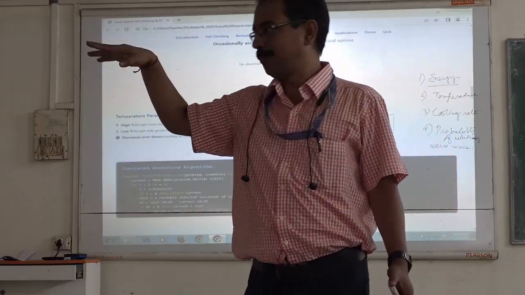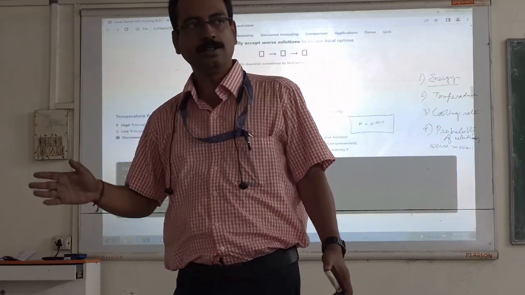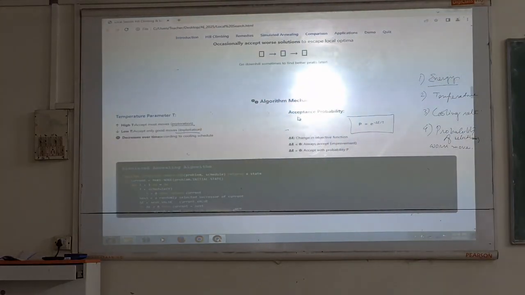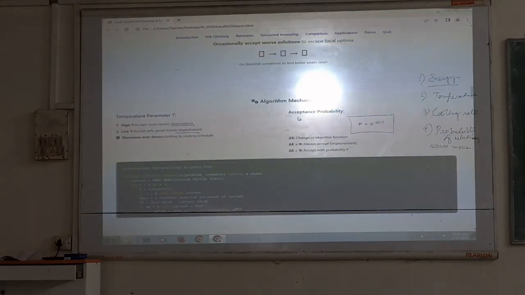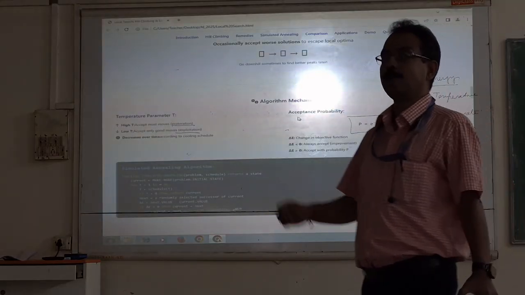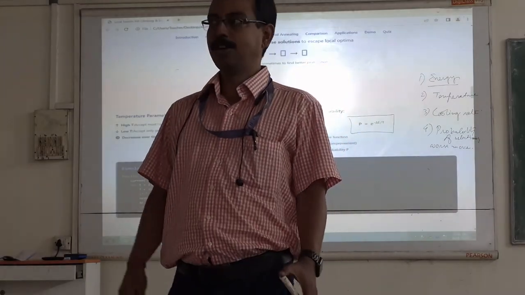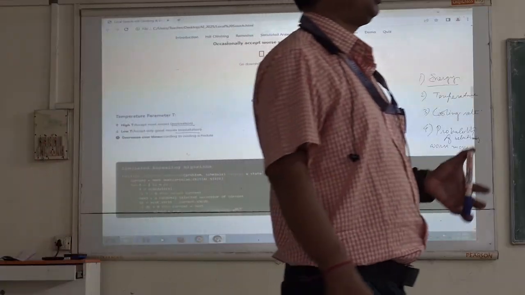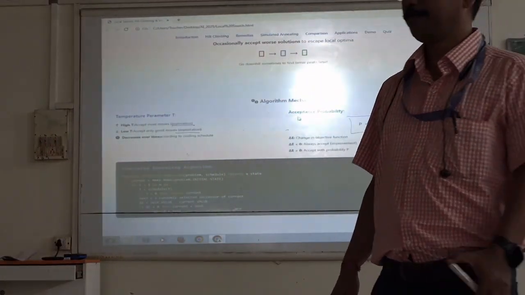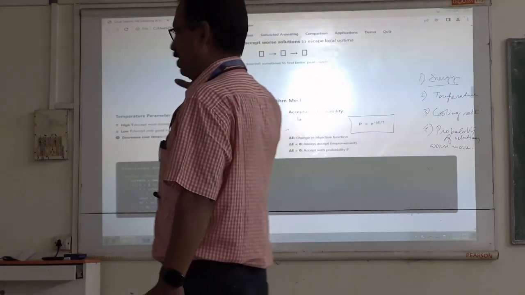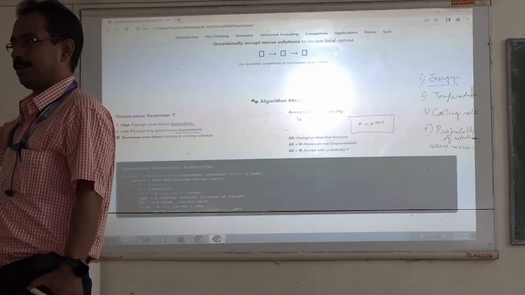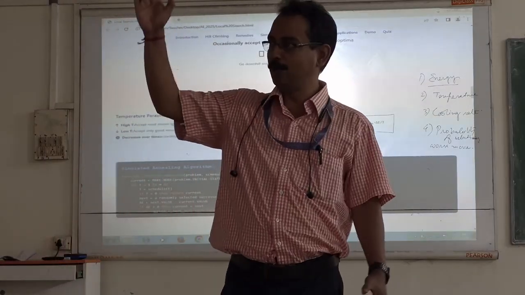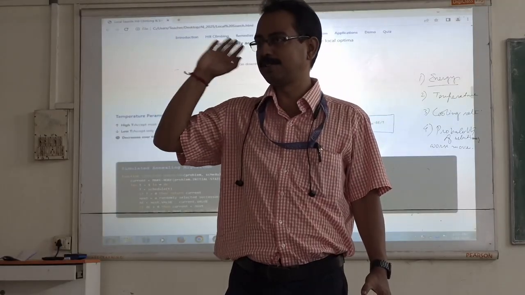So again there is a trade-off. Neither can you cool down too rapidly, nor can you cool down too slowly. So the selection of T is very important. In metallurgy, T is a temperature, but for you T is the parameter that you will give a value. From there you will gradually decrease it. Simple.